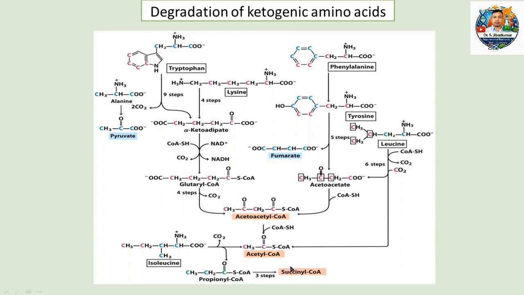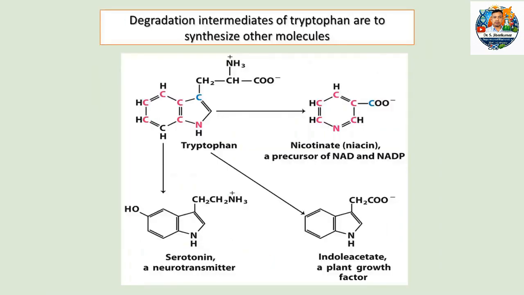So this propionyl CoA can be converted to one of the intermediates of the TCA cycle, that is succinyl CoA. So isoleucine is a glucogenic amino acid, although it can also give acetyl CoA.